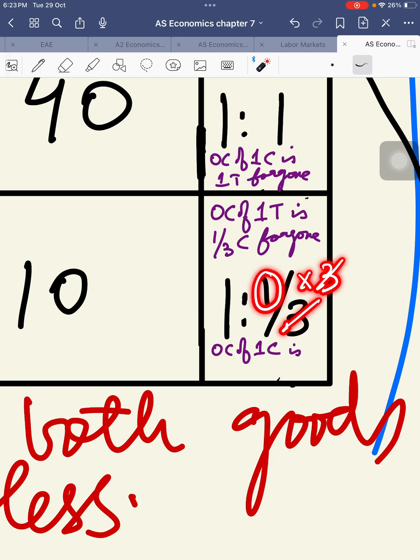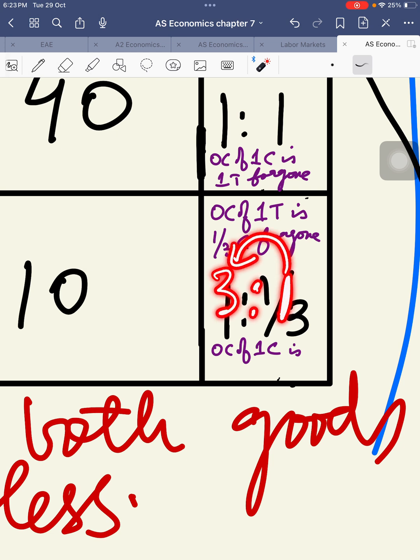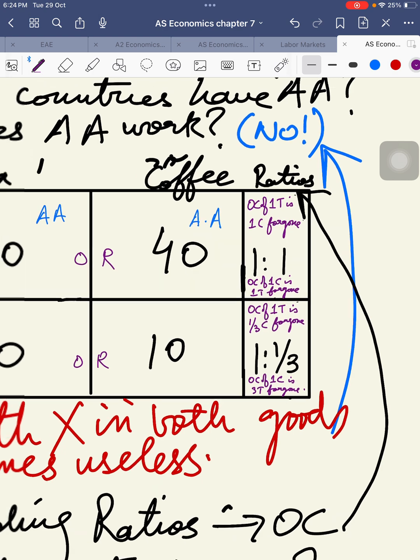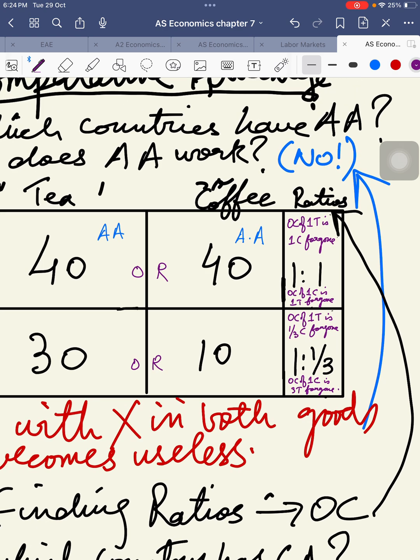And if we've multiplied the right side of the ratio by 3, we need to multiply the left side by 3 as well. So, what will be the ratio? 3 is to 1. So, the opportunity cost of 1 coffee is 3 tea forgone. This is how we interpret these ratios.